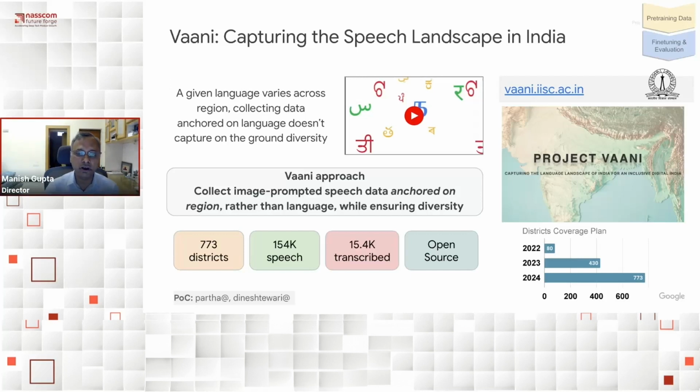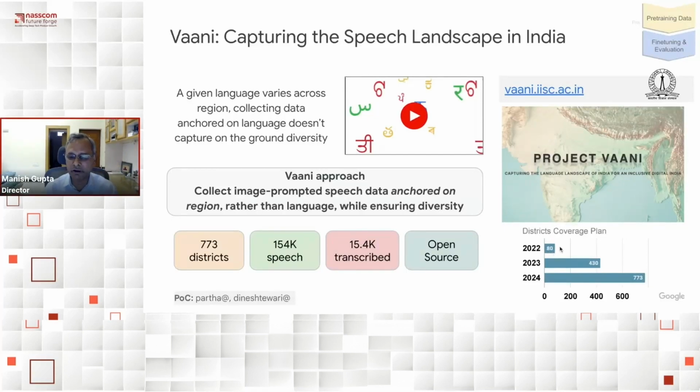So what we wanted to do was capture all of those variations across the entire country, which led us to launch this project called Vani in collaboration with the Indian Institute of Science, which is proceeding in 3 phases.